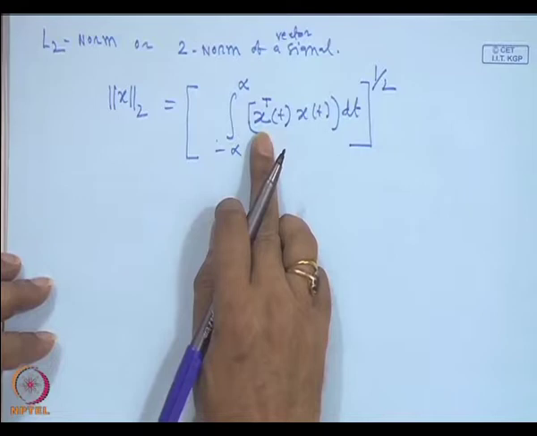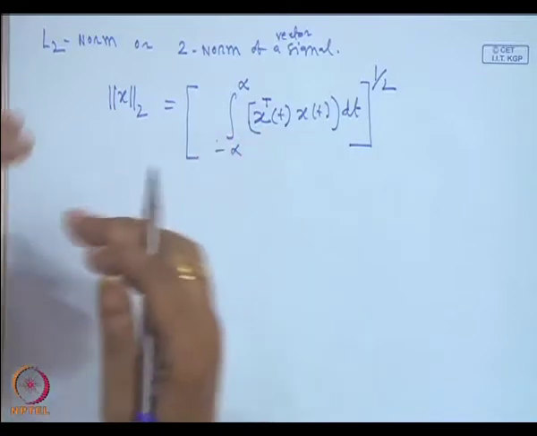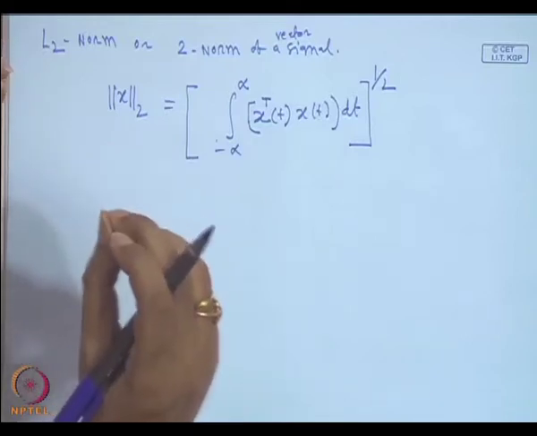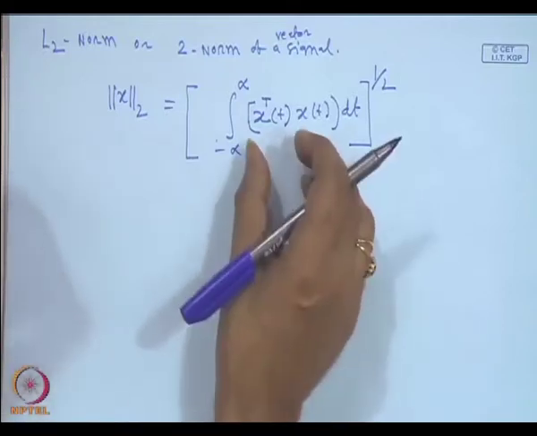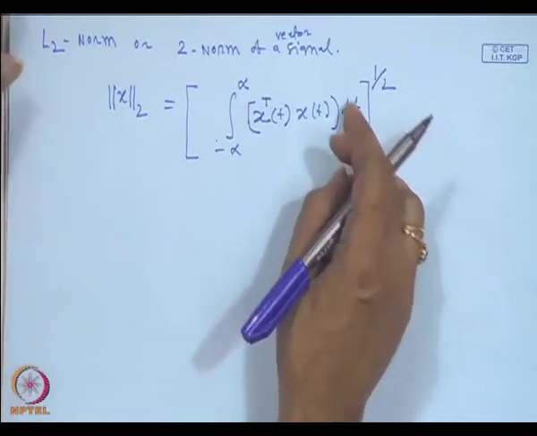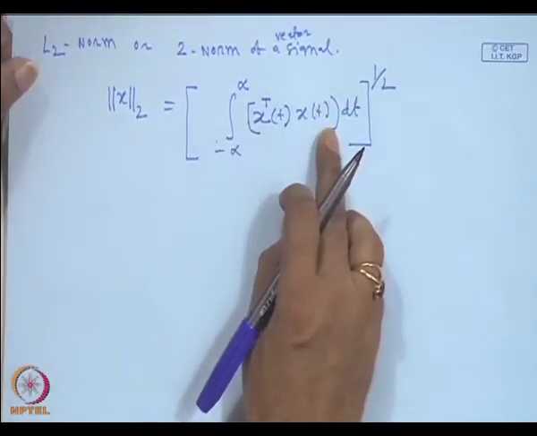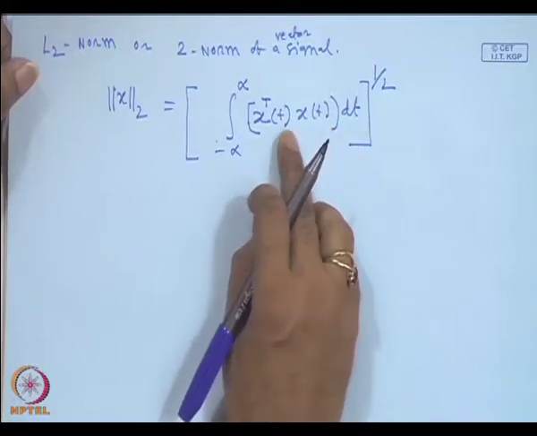So, what does this mean? Because x is a vector signal, it has n components, that means n signals are there. We take the energy contained in each signal and sum the energy content of each component of the vector. In other words, it is nothing but the RMS value of a signal.